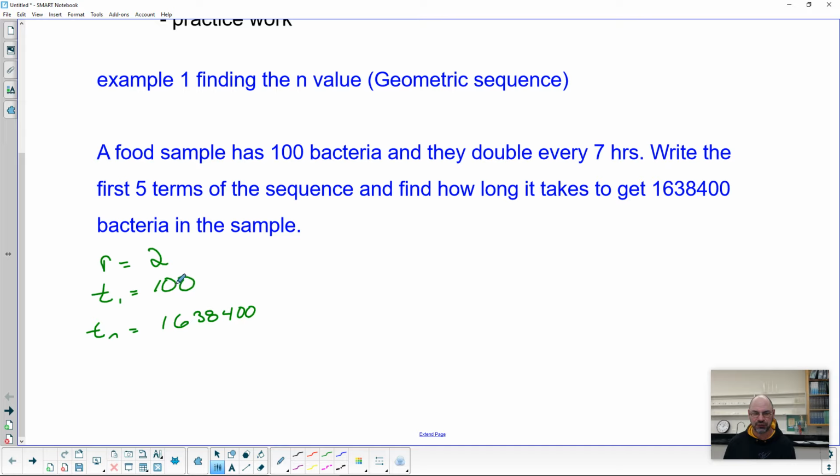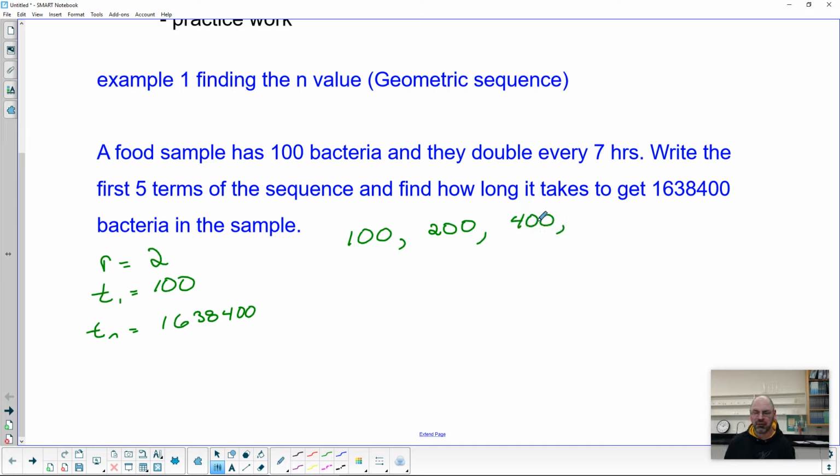And we could just write it out. We could go 100 times 2 times 2 times 2, which we could do for the first part. It's probably easy to do that. So our first term is 100. R is 2, so our second term is 200, 100 times 2. Our third term is 200 times 2, 400.